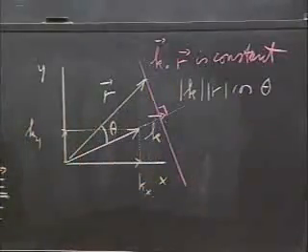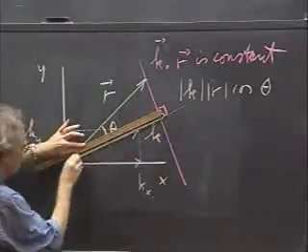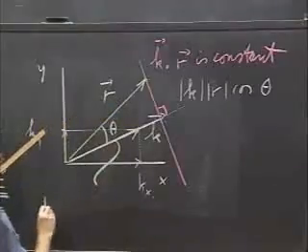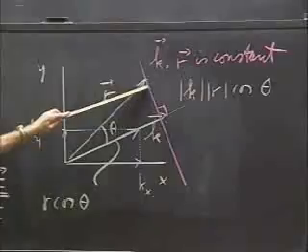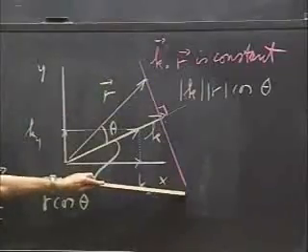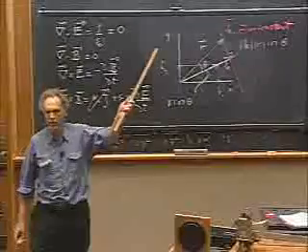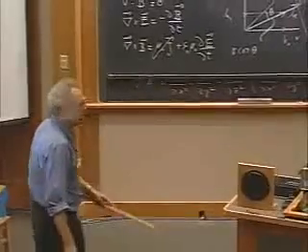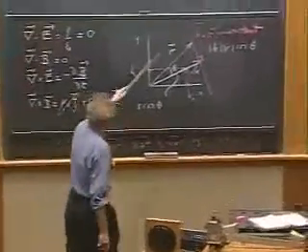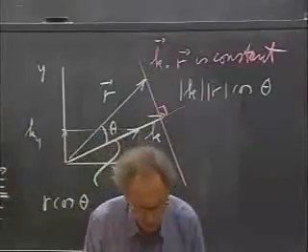And what is r cosine theta? That is this. And any vector r that ends on this red line will have the same value for r cosine theta. So therefore, on the entire red line, which in this two-dimensional plot is just a line, the value for k dot r is a constant, is the same.